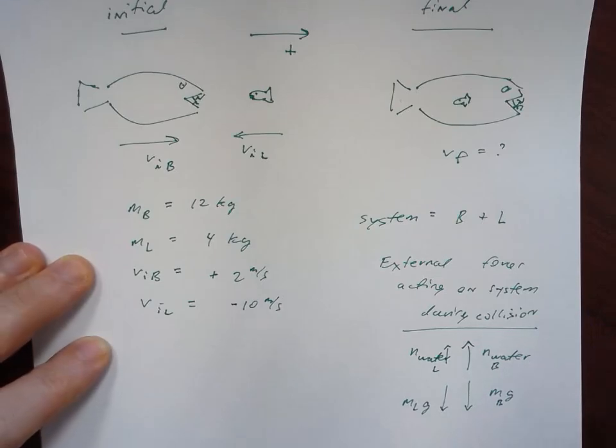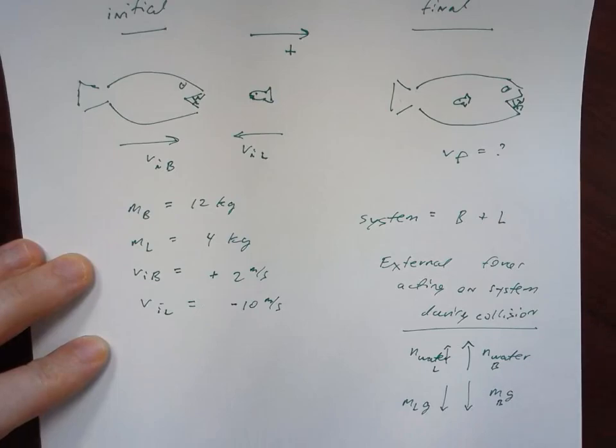Now, those forces, if it's an isolated system, need to add up to 0. So we're just going to make the statement that we're assuming these are all in balance and that the net external force on our system of A plus B is equal to 0.